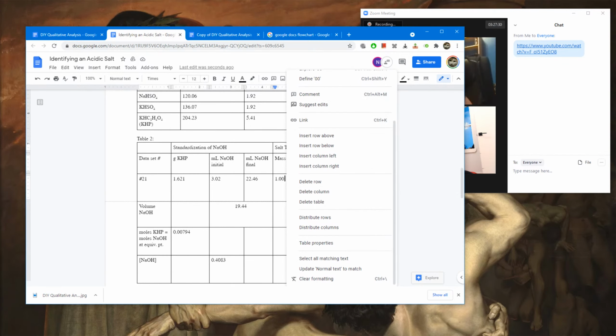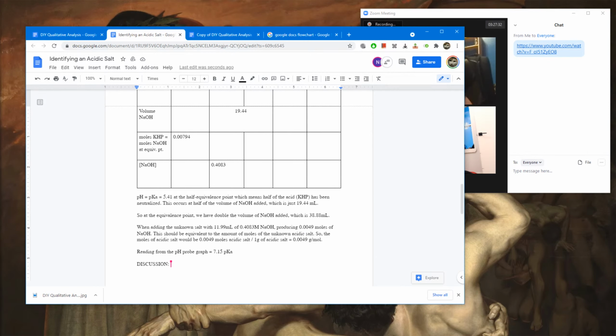Well, wait, that doesn't make sense. Oh, I did it the other way around. My bad. So it's 1 gram of acidic salt divided by 0.0049 moles of acidic salt.